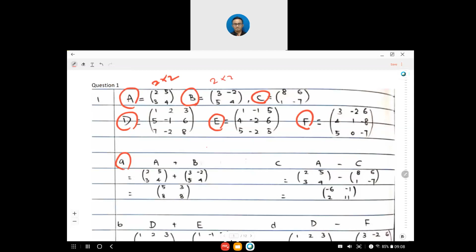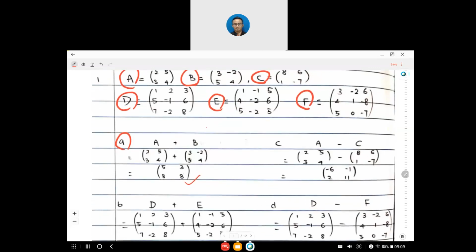Since the sizes are equal, you can get the summation of A and B. Matrix A, 2, 5, 3, 4, plus 3, negative 2, 5, 4. So you get 5, 3, 8, 8. That one is for A.